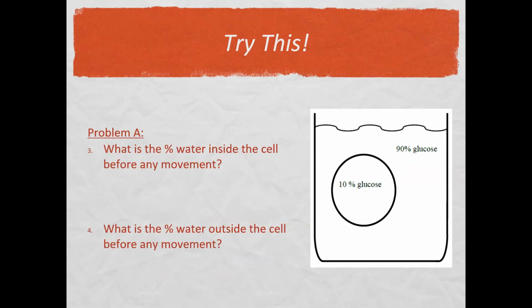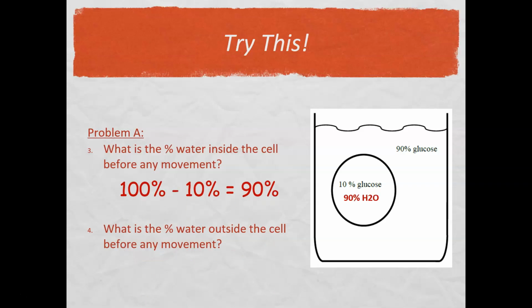Now let's take it from a standpoint of osmosis. All right. Well, these are solutions, right? So any solution has to add up to 100%. So if I take a look at the amount of water inside my cells, well, currently of that 100% solution, 10% of it is being accounted for by glucose. So what does that mean?